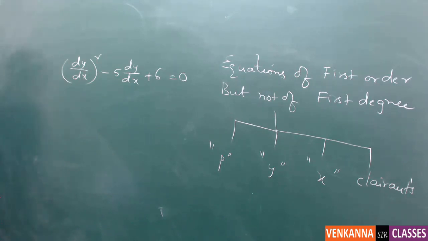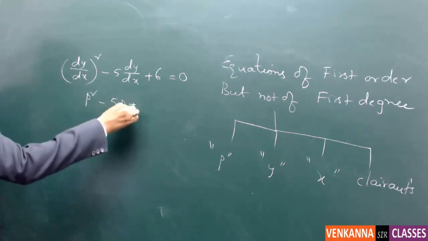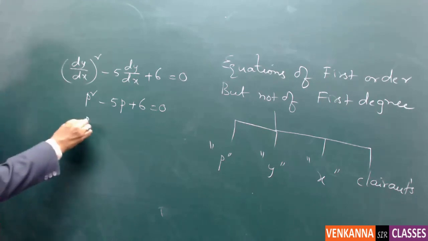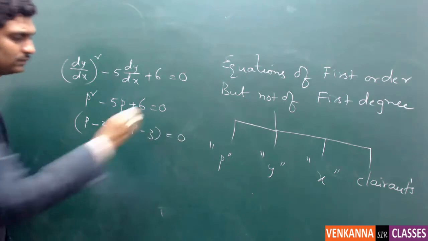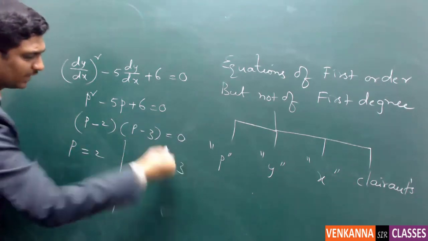Right. So we write it as p square minus 5p plus 6 equal to 0, where p stands for dy by dx. And are you going to write it as factors of p? Yes or no? So you write it as p minus 2 into p minus 3 equal to 0, so that p is equal to 2 and p is equal to 3.